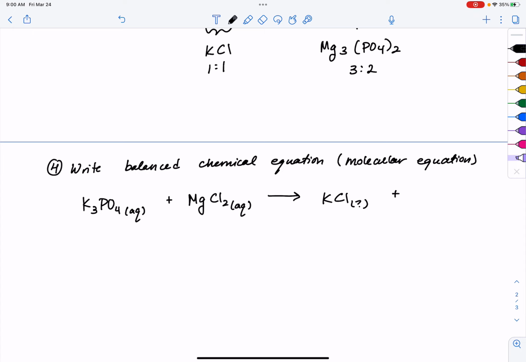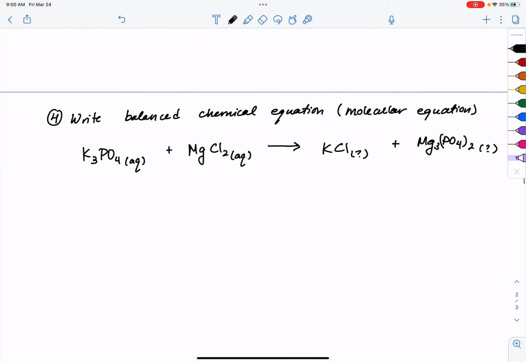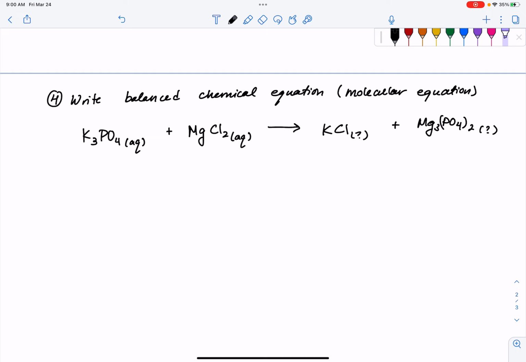And then we also have magnesium phosphate, whose phase we don't know yet, meaning we have not identified which of these products, if any, are a precipitate using our solubility rules. So let's balance real quick.